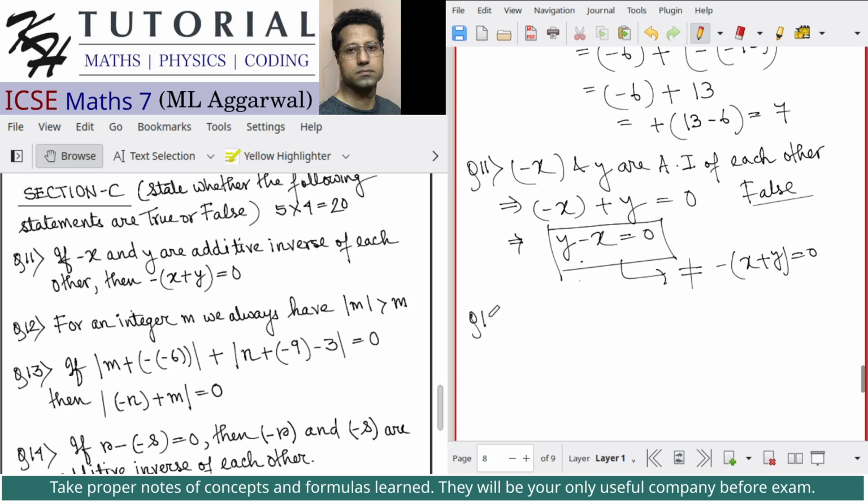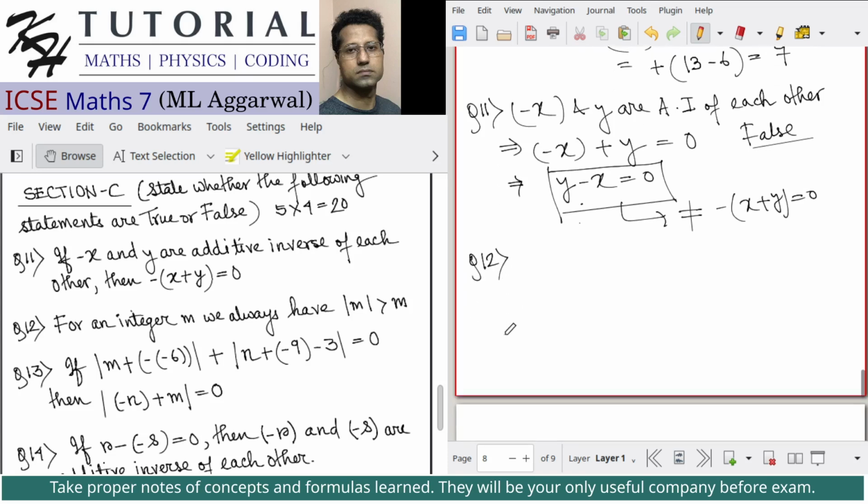Okay, question number 12. For an integer m, we always have absolute value of m greater than m. This is a false statement. As a counter example, consider m to be the integer 0. For m equal to 0, absolute value of m is equal to absolute value of 0, which we know is equal to 0.